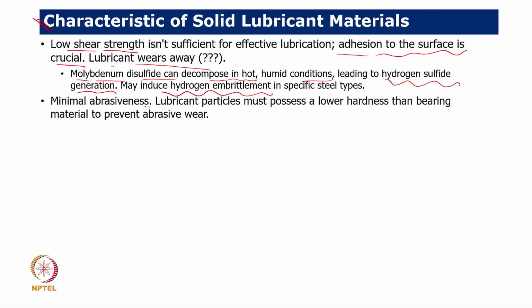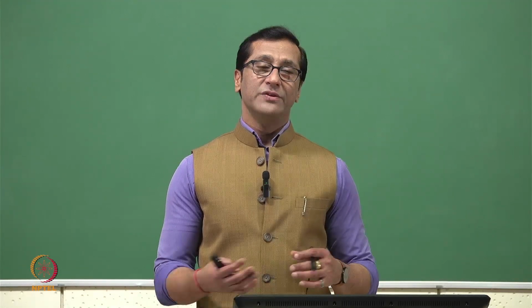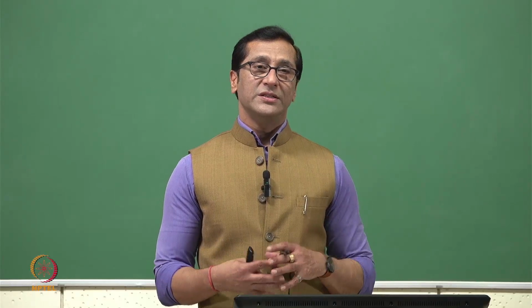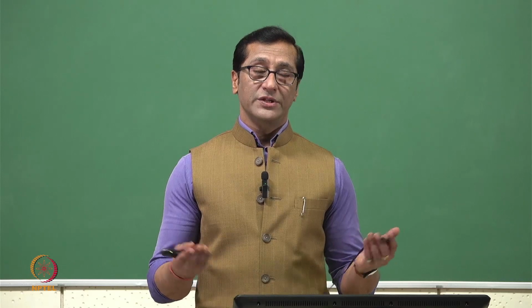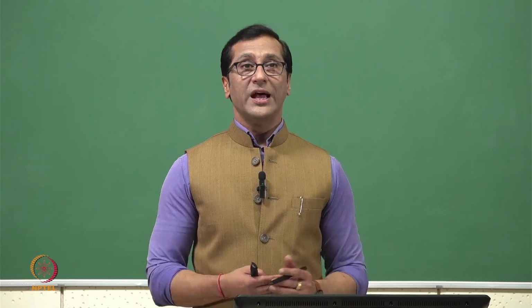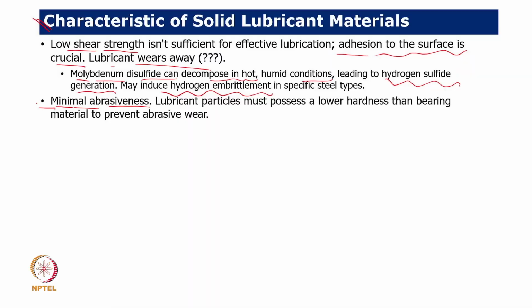The second requirement is that the solid lubricant should not act as an abrasive material, because we have recently observed that graphene, if you use it in excessive quantity, crumples and then increases the wear rate. So they act as an abrasive material. We need to keep a check on that, that it should not have high abrasiveness.